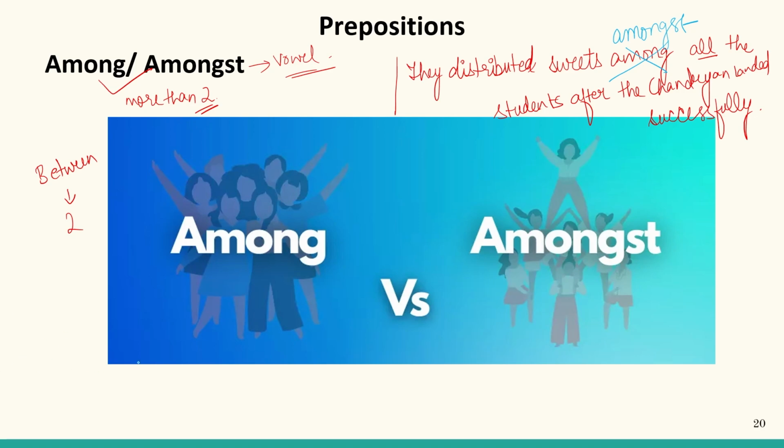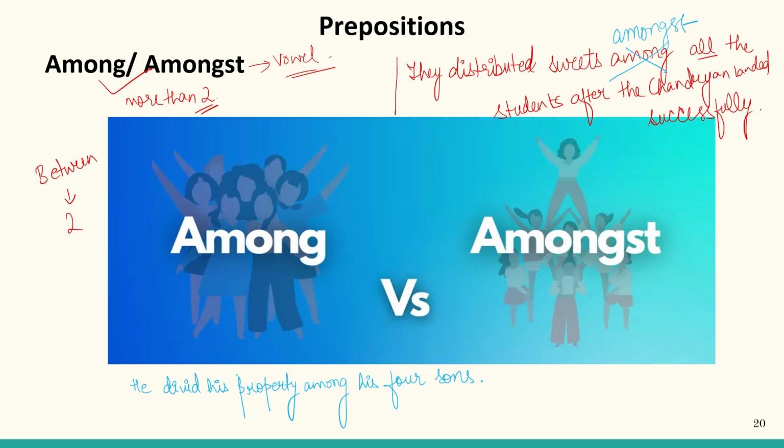Another sentence: he divided his property among his 4 sons. Now a person has 4 sons, and what he did, he divided his property in 4 parts. He divided his property among his 4 sons.